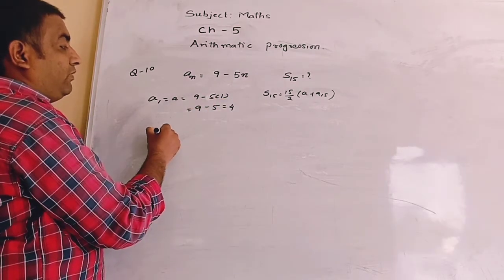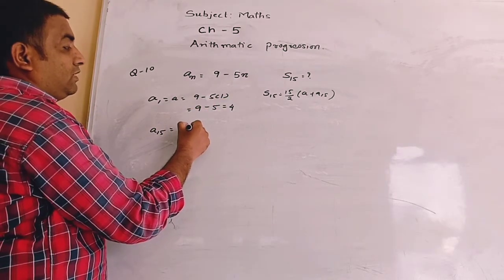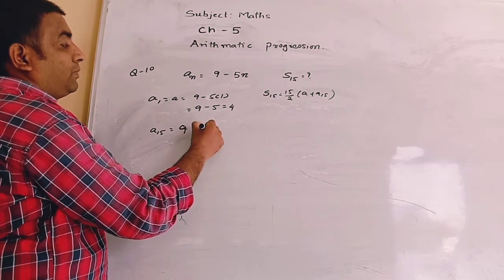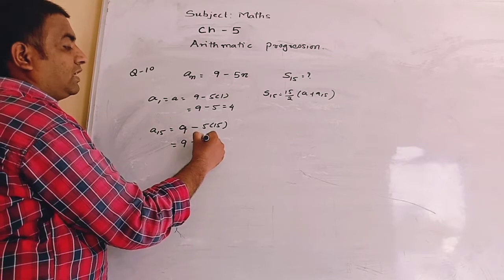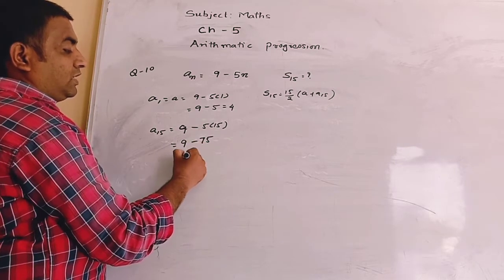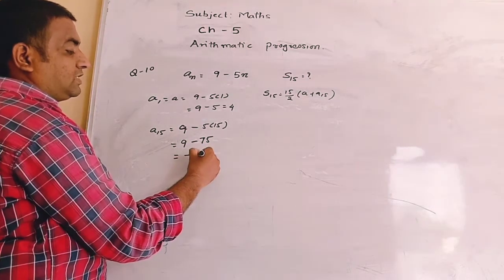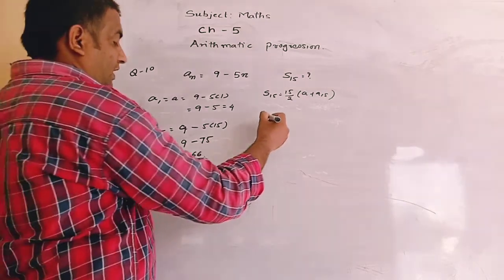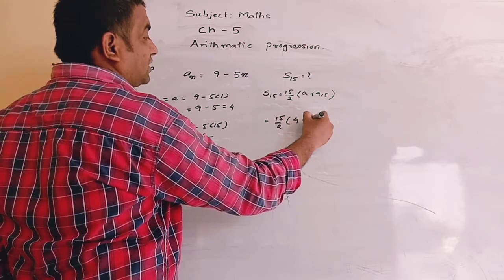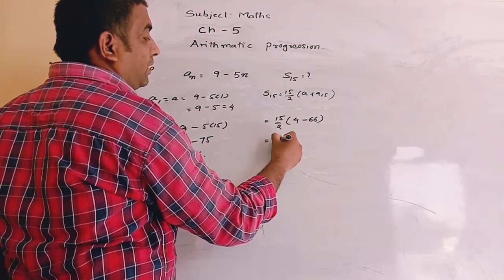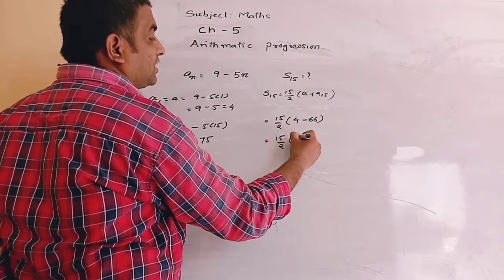And a15 we calculate, that is 9 minus 5 into 15. So 9 minus 75, so it is minus 66. And so here we write 15 by 2 into (4 minus 66), that is 15 by 2 into minus 62.